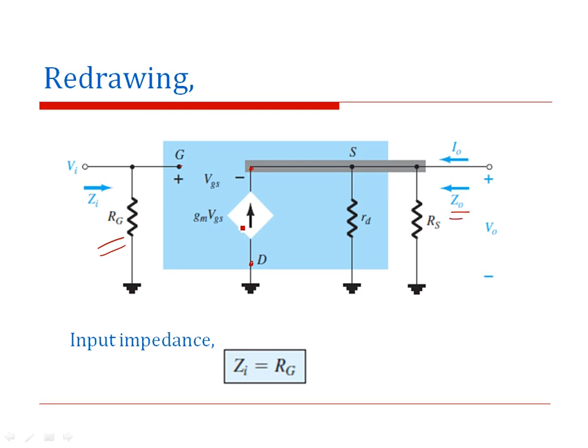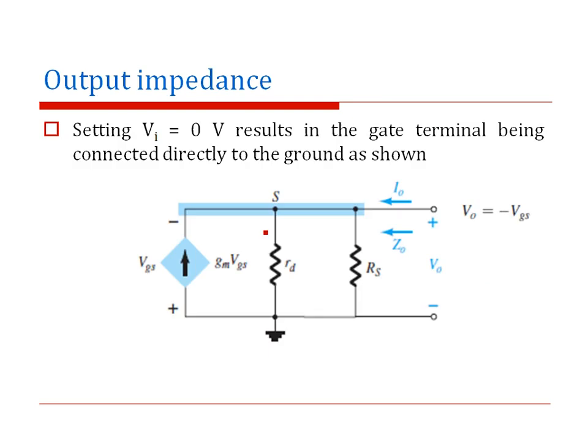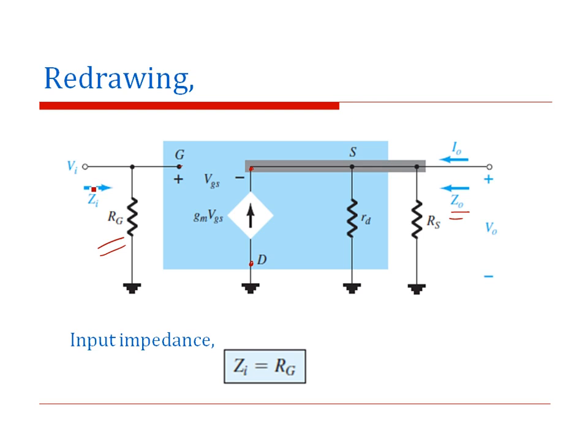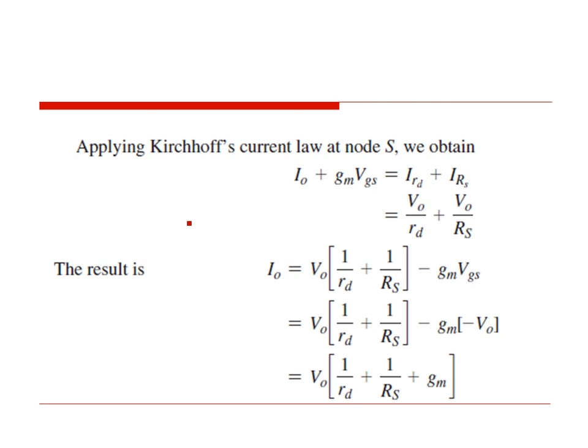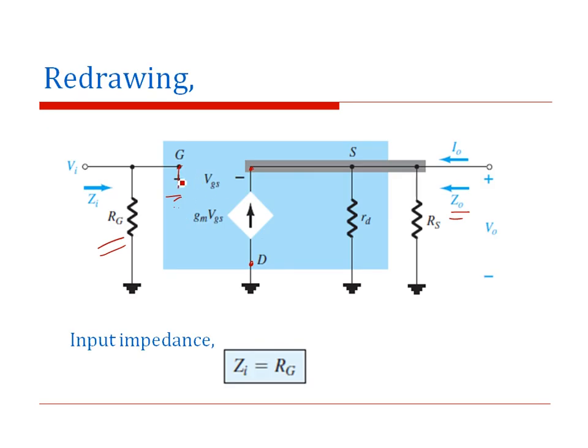You have RS, rd and this current source here. So setting Vi to 0, what will happen? Here you see this Vi, if you set to 0, this terminal is going to ground, isn't it? If you set Vi to 0, then the voltage across this current source will be minus VGS now. This is connected to ground.